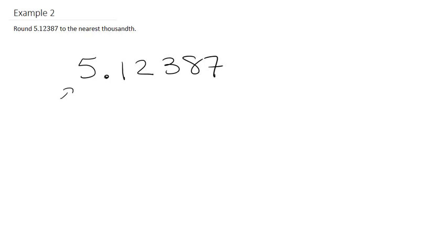So we have our ones, we have our period, and then we have our tenths, our hundredths, and then our thousandths. So we're going to underline it. Then what we need to do is look to the right of it and circle that, because we're going to see if it's between 0 to 4, we round down, 5 to 9, we round up.